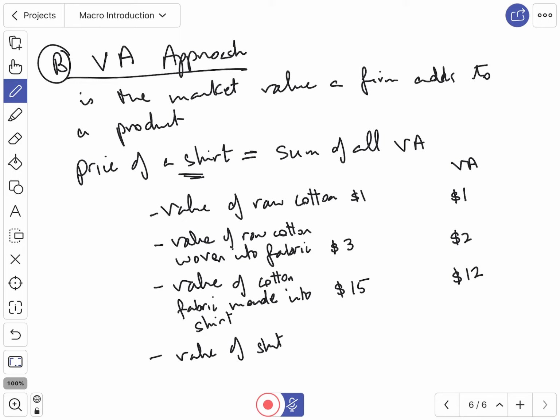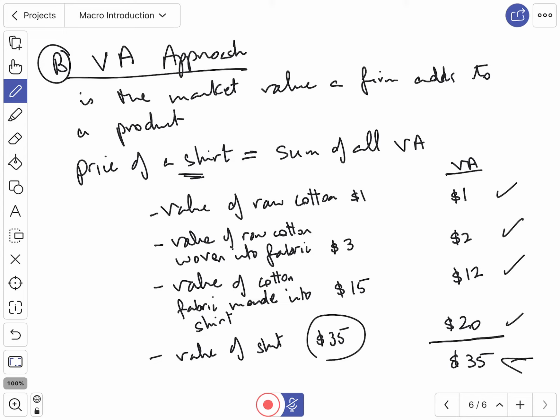Right, so the value of this shirt, let's say it's 35. How much have I added here? So I've added 20. When you add all these up, you come up with 35, which is the value of the shirt that you see in the store. So you just keep on adding the value added at each stage of production until you come up with the value of the product.